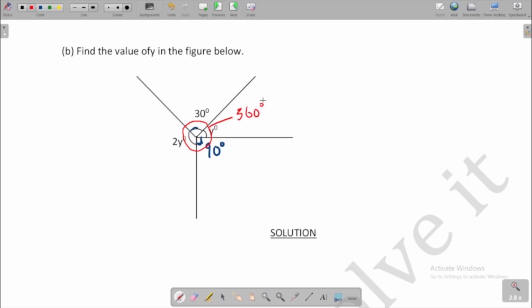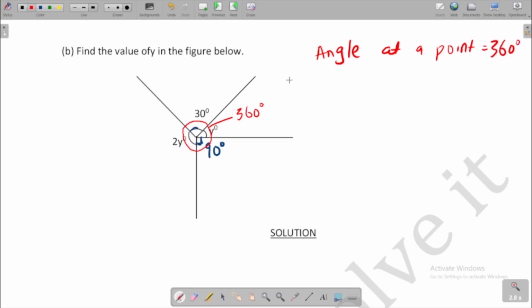That is what is called angles at a point. So we solve. Angles at a point is 360 degrees.